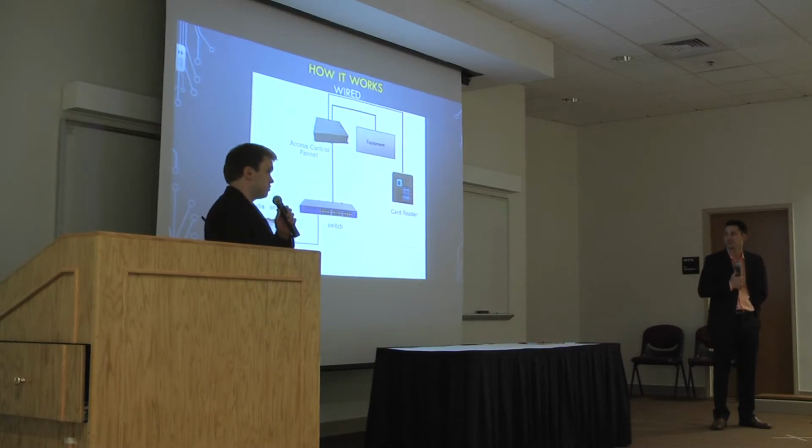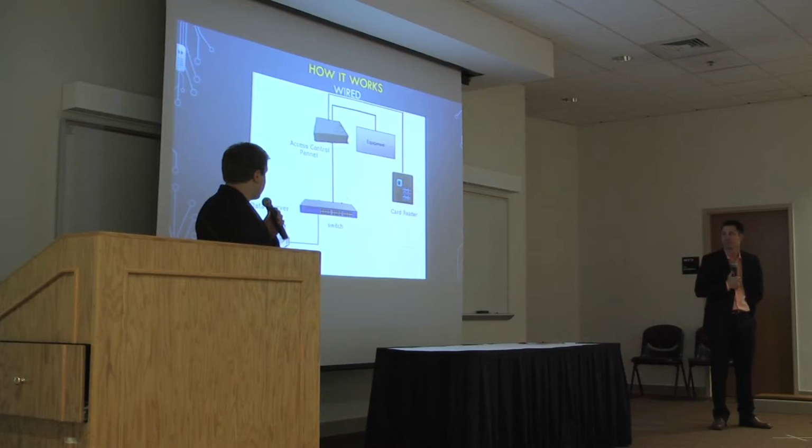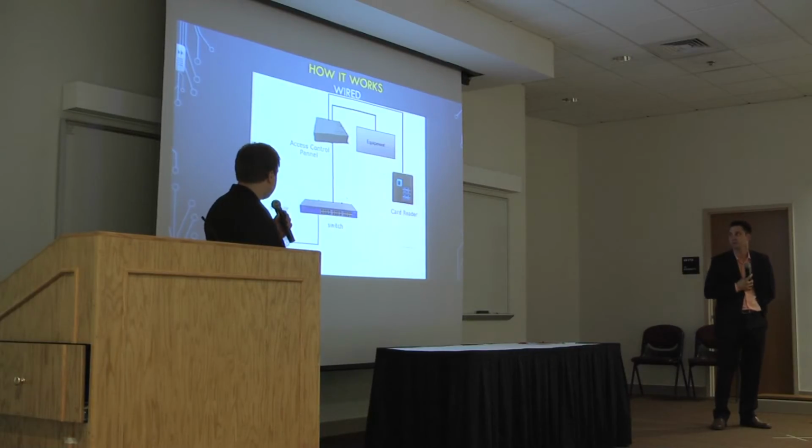There's approximately 5,000 feet of wire that needs to be run in total for the machines. You would then be able to control or monitor, give access or deny access to the machines through an Ethernet connection between the computer, the switch, and the access control panel.